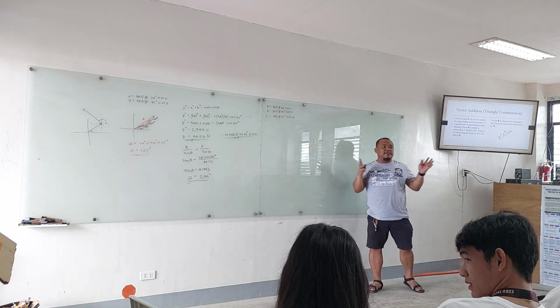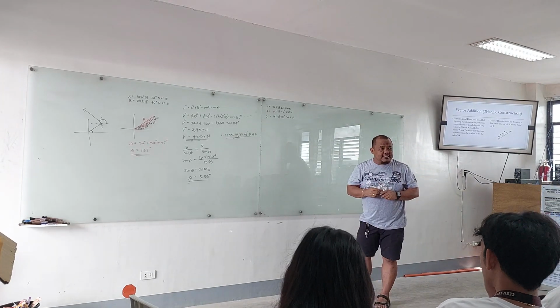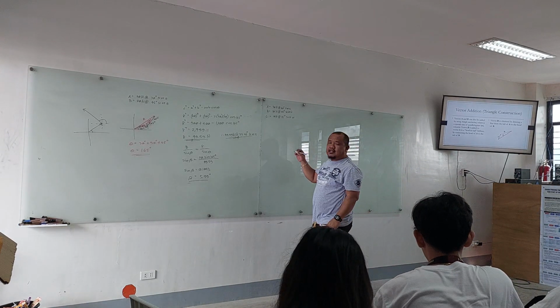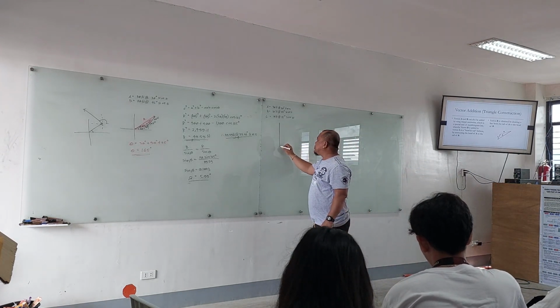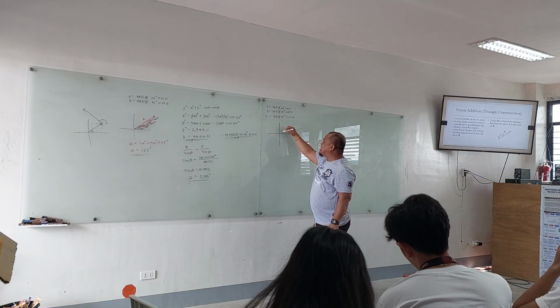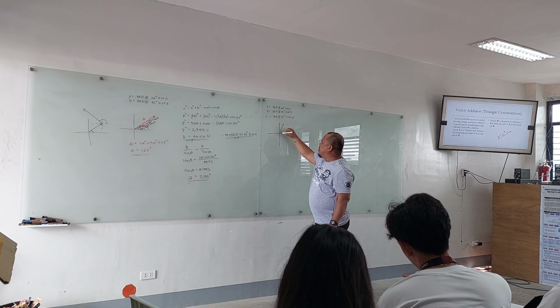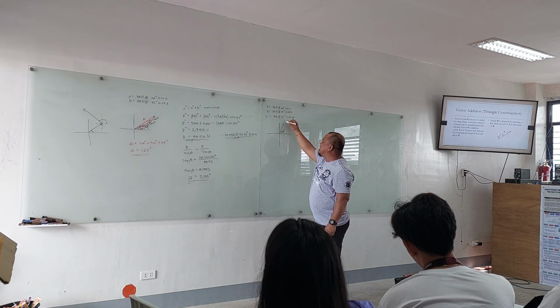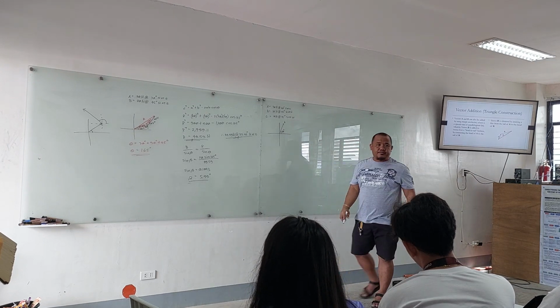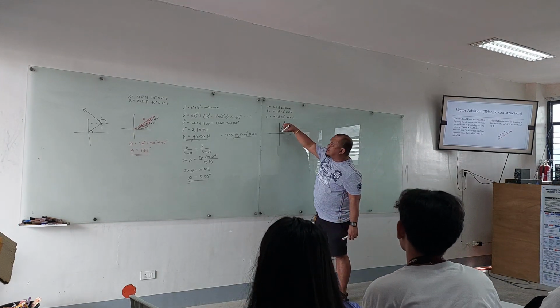Say for example, we are giving you vectors. Again, what we will do is draw them so that we can understand. First vector, 30 Newton at 60 degrees north of east. This is vector A. Second, 10 Newton at 45 degrees west of north.